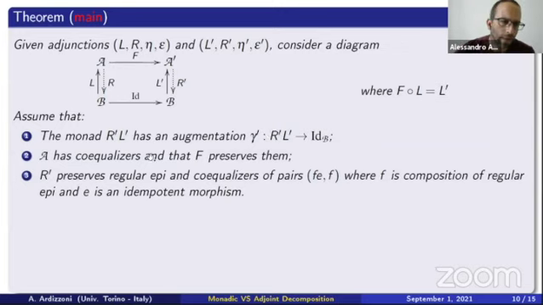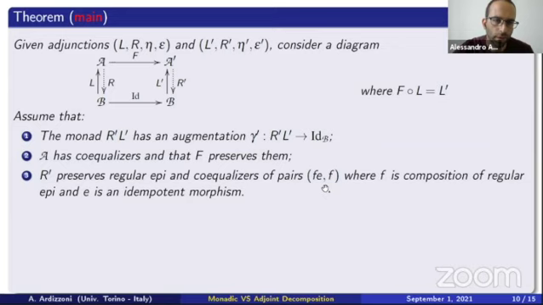And other two conditions. The first is that A has coequalizers which are preserved by the functor F, and we know why we need A to have coequalizers in order to have the repeated procedure. And R prime should preserve regular epis and some kind of coequalizer of suitable pairs that you can find here.